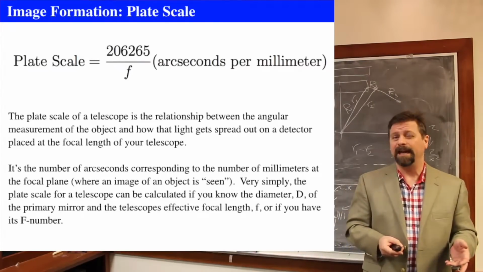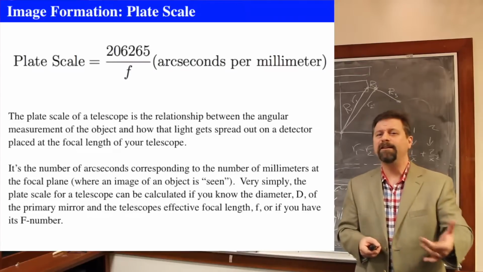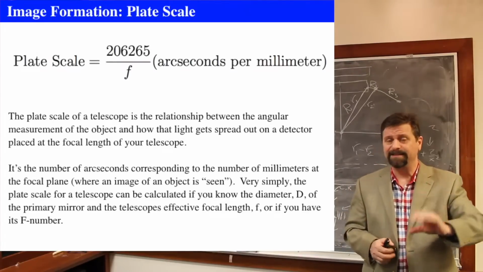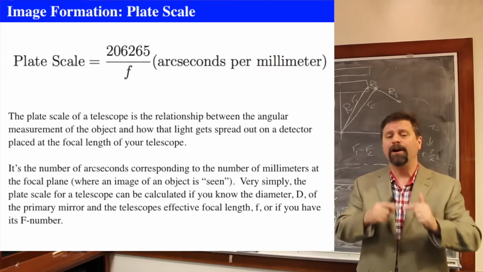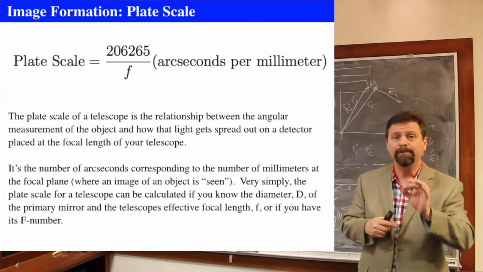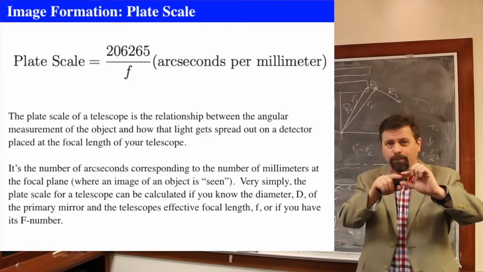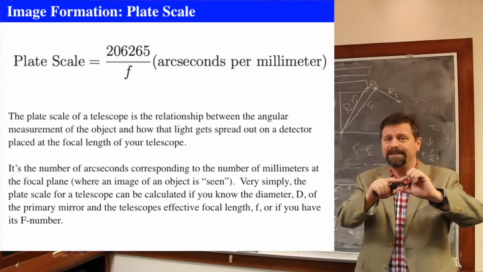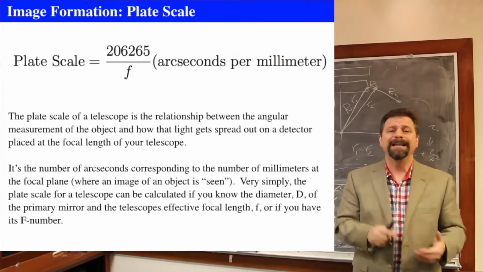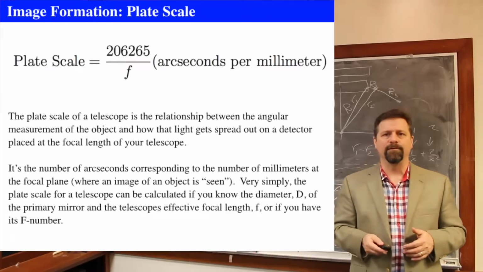So you're going to say how many arc seconds are present per millimeter of detector. Your detector could be this big or that big. We want to know per millimeter on the detector how many arc seconds there are. And that's called the plate scale. It's dependent on the focal length.